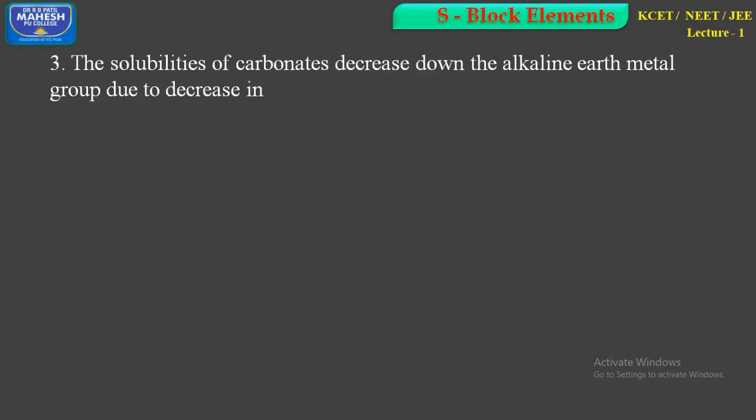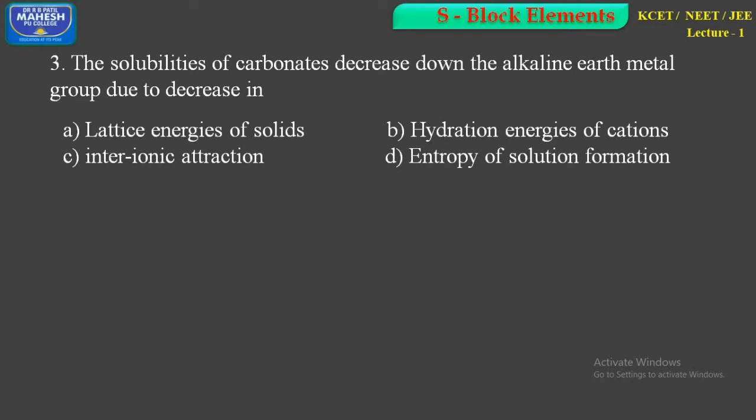Question 3. The solubilities of carbonates decrease down the alkaline earth metal group, that is group 2, due to decrease in option A, lattice energies of solids, option B, hydration energies of cations, option C, inter-ionic attraction, option D, entropy of solution formation.